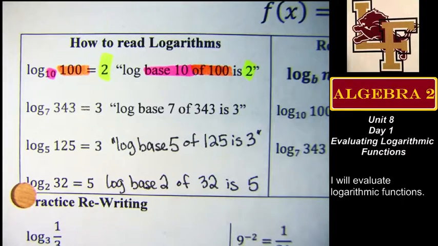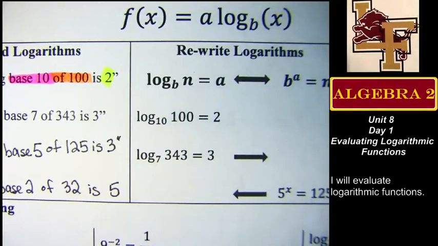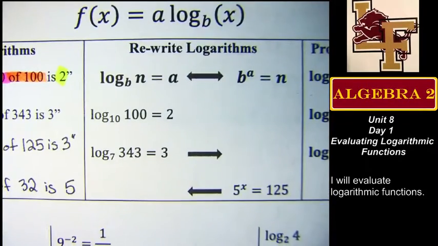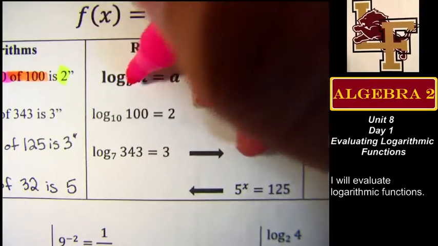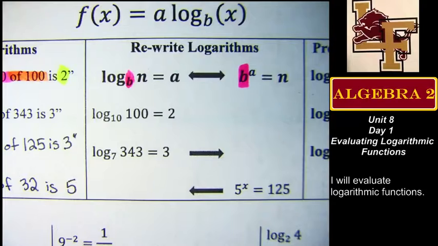Now remember we had chatted briefly, right at the start of this, that logarithms and exponents were related? They're inverses of each other. This means I can go back and forth from one to the other. This is how I'm going to rewrite logarithms. Here's log. Here's the base. There's the base and the exponent.